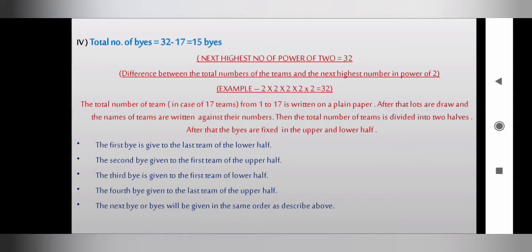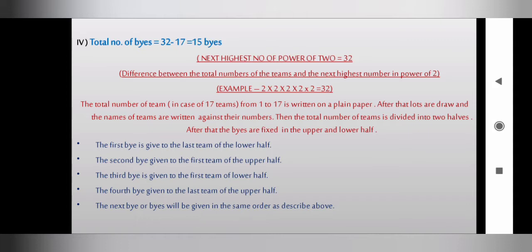Basically, it is the difference between the total number of teams and the next highest power of 2. For example, using powers of 2: 2 into 2 is 4, 4 into 2 is 8, 8 into 2 is 16, 16 into 2 is 32. That's how 32 comes in there.